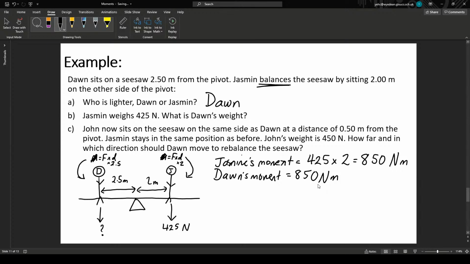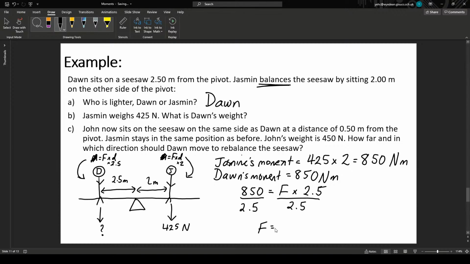Now we just need to work out how much she weighs. So remember the formula, moment equals force times distance. Dawn's moment, 850, is equal to her force, which we don't know, times the distance, which we know is 2.5. Now all we do is rearrange to solve for her force by dividing both sides by 2.5, because anything you do on one side, you have to do on the other.